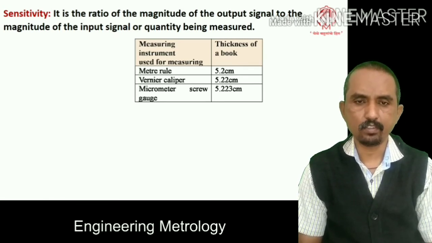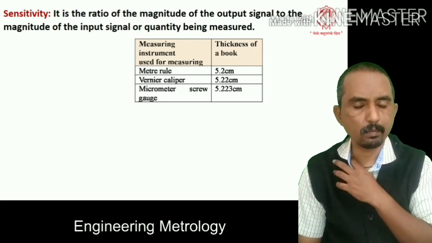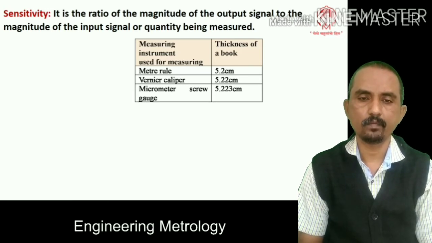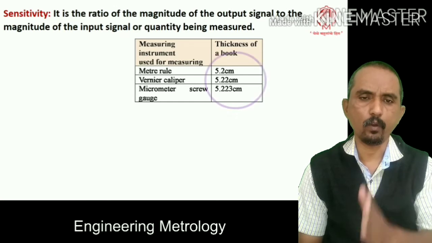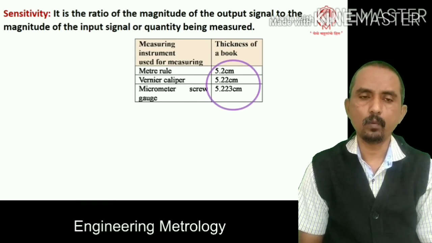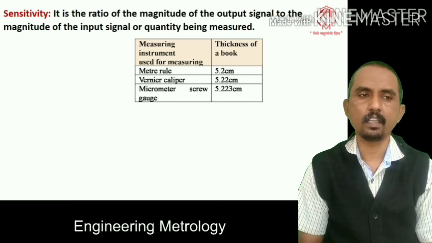For the same thickness of the book, the vernier caliper shows a reading of 5.22 centimeter, and in the case of the micrometer the reading is 5.223 centimeter. That means the outputs are different, and with the micrometer a very small change is detected, and hence we can say that the sensitivity of the micrometer is more.